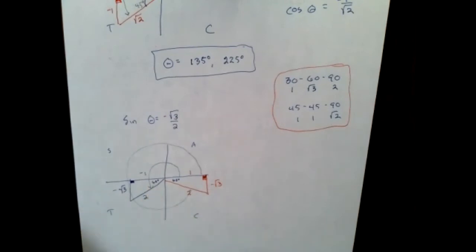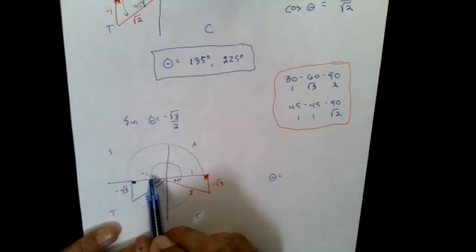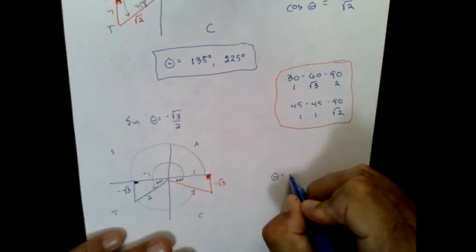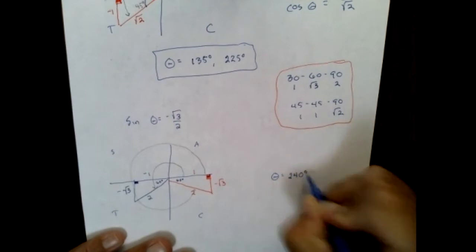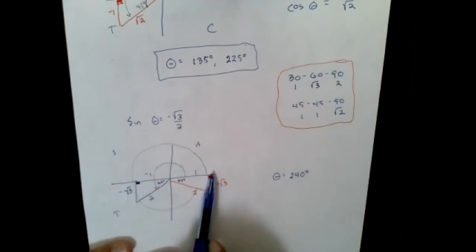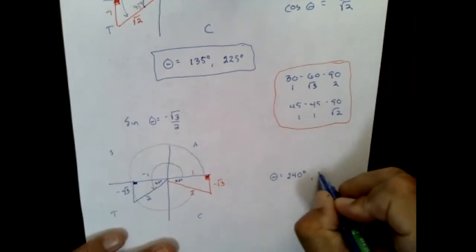It's 60 past 180 degrees. So I go 90, 180 plus another 60 is 240. This guy is 60 less than going all the way around, which was 360. My other answer, 300.